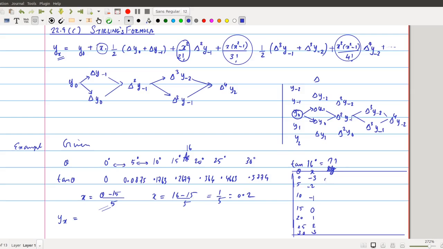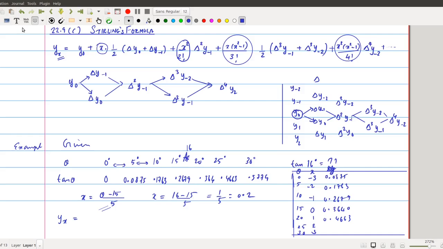Y values are 0.0875, 0.1763, 0.2679, 0.3640, 0.4663, and we missed one thing. Okay, 1, 2, 3, 4, 5, 6, 7. We have 7 values, and the first value is 0.